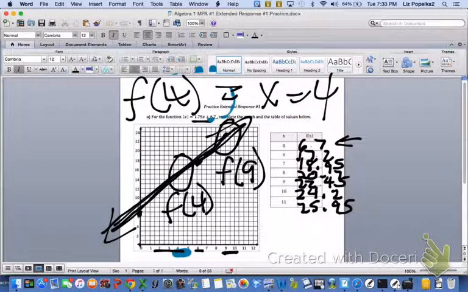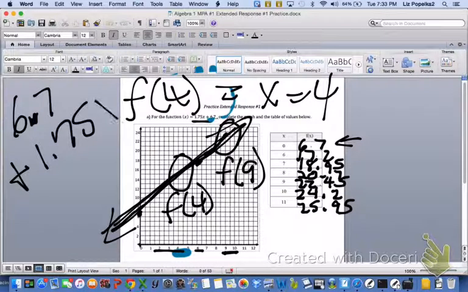For part C, there are so many correct possible answers that I really can't even list them all. So a real life situation in which the function would make sense. Basically, as long as you've got a 6.7 with an initial value, and then a changing amount in 1.75x, it doesn't really matter. So for example, we already talked in class today about Paige's example, where she said that I make $6.70 just for showing up to school, plus I make $1.75 a day.